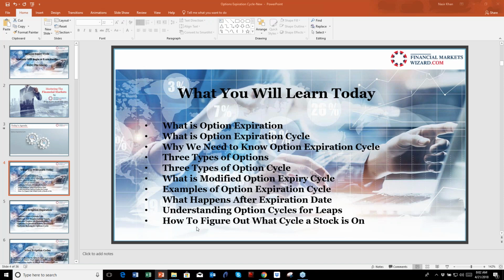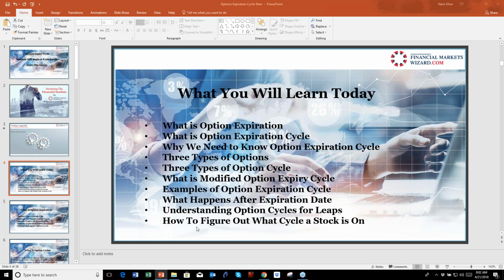The last one is how to figure out what cycle a stock is on. If you're an option trader looking at the option chain, you need to know which cycle this stock's options belong to. If you know that, then after an option expires in, suppose, April, you know which month will be added.